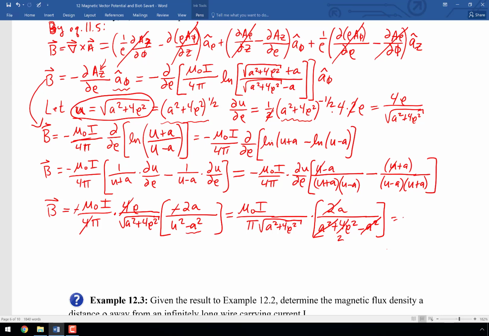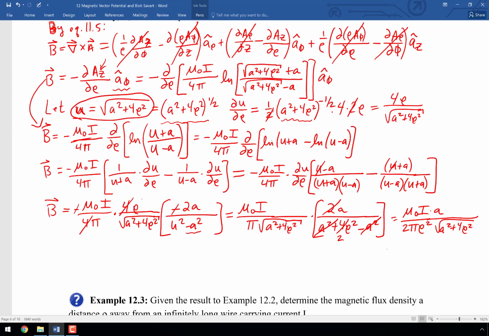And this is left with mu sub 0 I over 2 pi rho squared times a in the numerator, and then there's also in the denominator an a squared plus 4 rho squared. Let me just compare that with my final answer. 2 pi, oh, there's a rho somewhere.